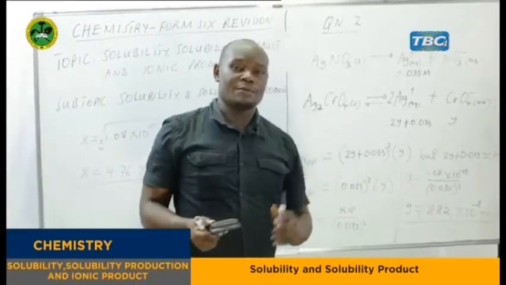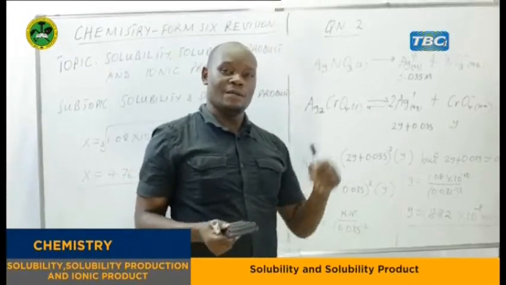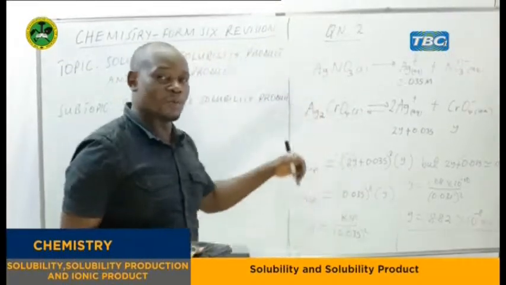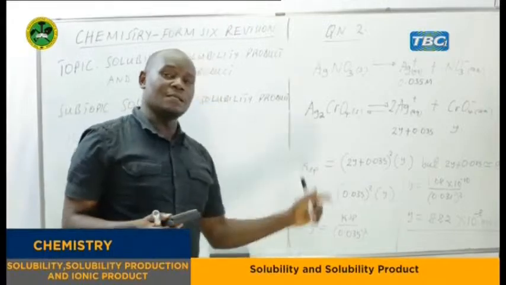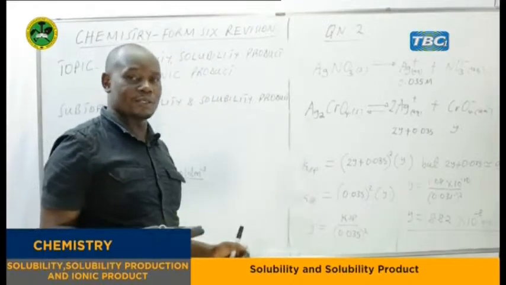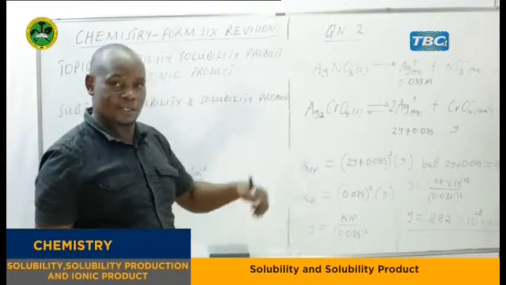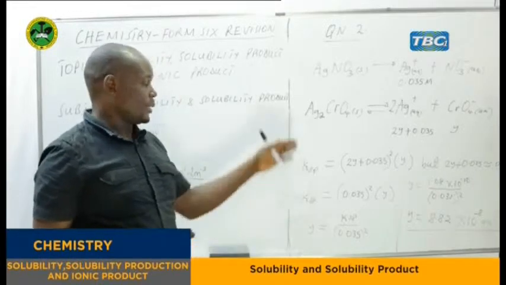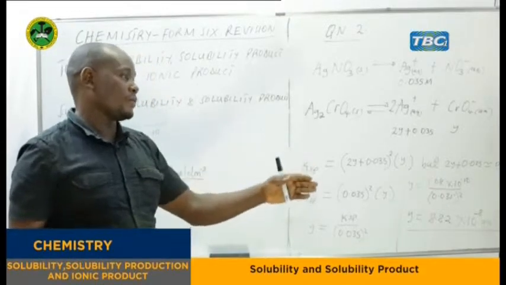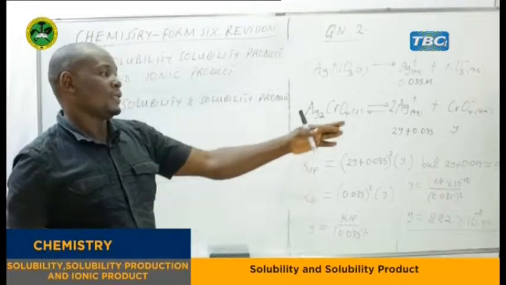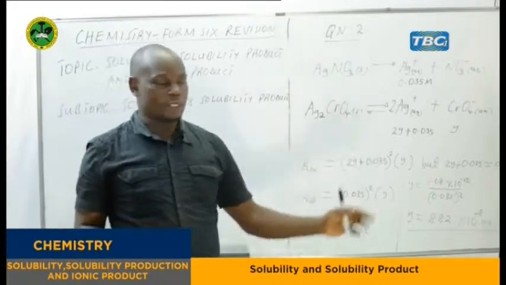That is what we call the common ion effect. The ions present in the solution decrease the solubility of a substance that contains ions that are present in that solution. So that is how you were supposed to go about that second question.